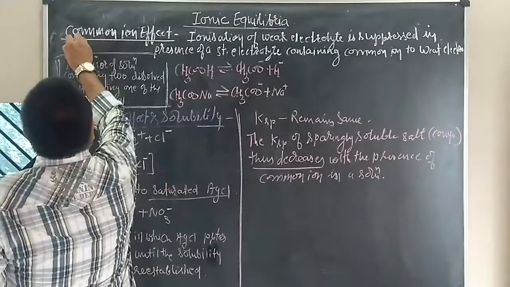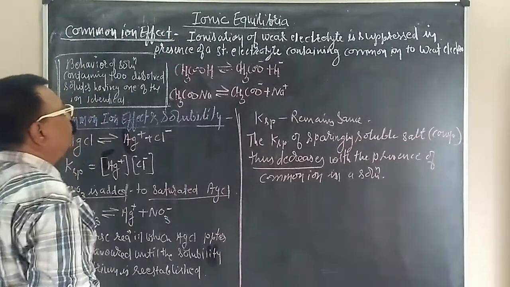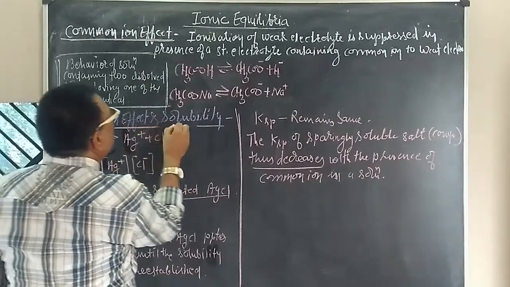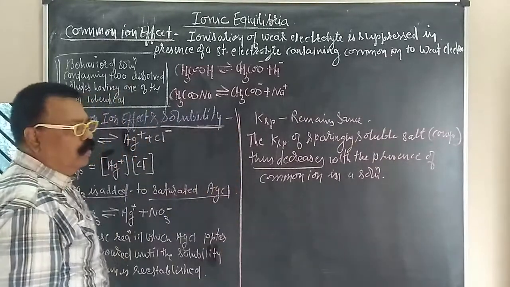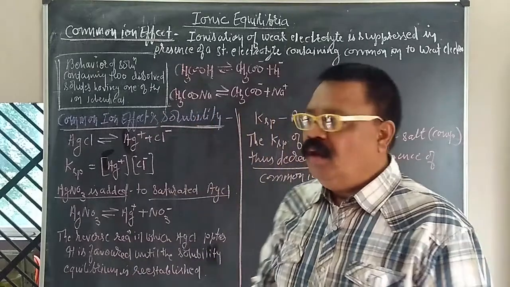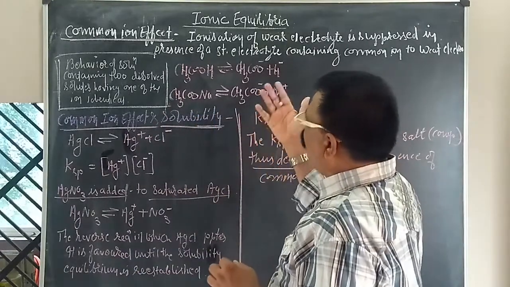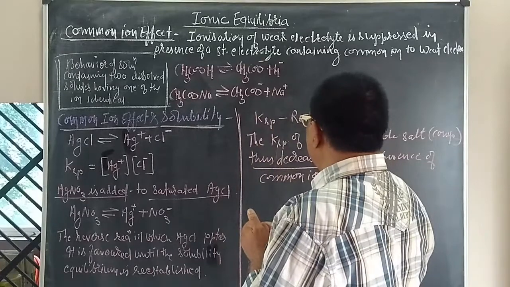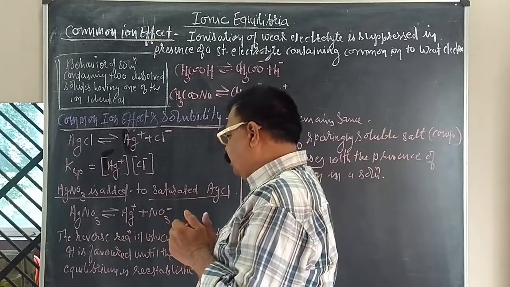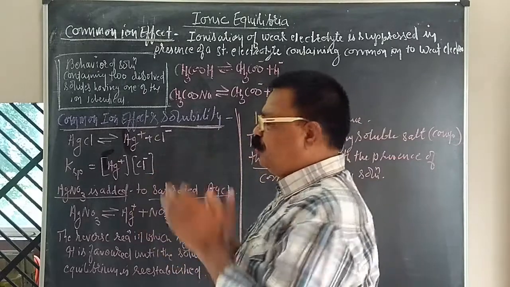Now the next topic is common ion effect. Then the common ion effect and the solubility. So what is the common ion effect? Well, how it will be responsible for the process of the precipitation.